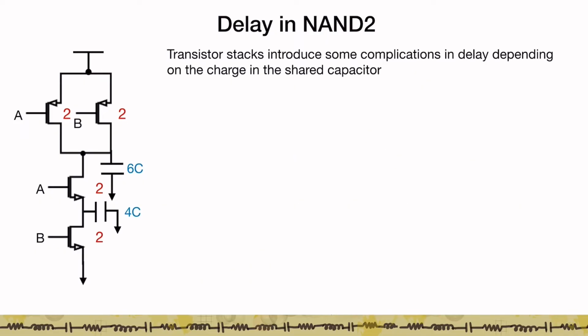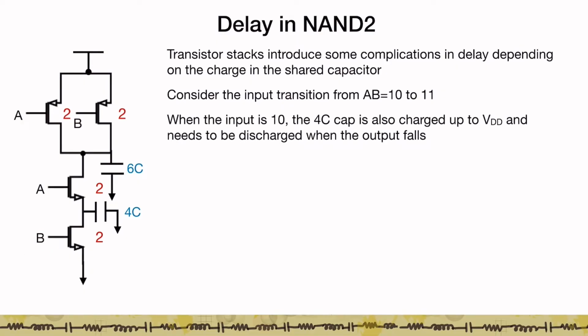Now, interesting things happen when we have these transistor stacks because then there is this capacitance that we need to worry about. So let's assume that we now have A to be 1 and B transitions from 0 to 1. Let's look at the case when A is equal to 1 and B is equal to 0. So when A is equal to 1, this PMOS is turned off. B is equal to 0, so this PMOS charges up the 6C capacitor.